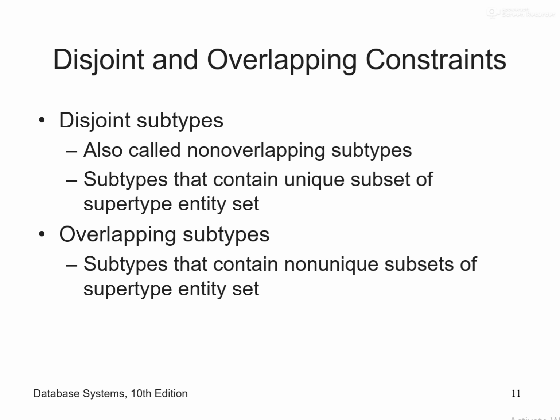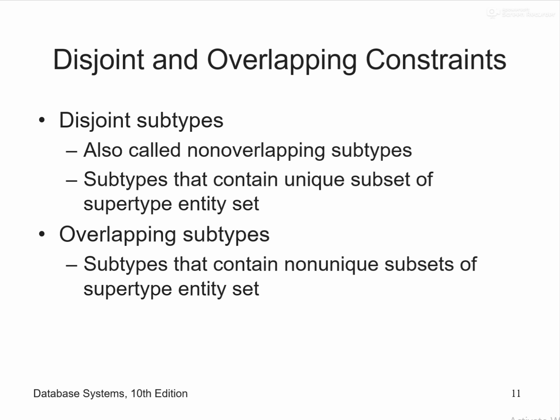Okay, we have two types of subtypes. We can say that an entity supertype can have either disjoint subtypes or overlapping subtypes. If we consider the same example, as per business rule we say that an employee cannot be a pilot and mechanic at the same time.